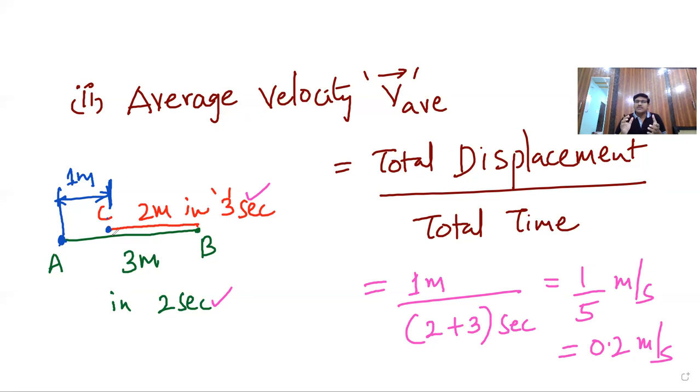Velocity is a vector. So the magnitude of the average velocity is 0.2 meter per second.